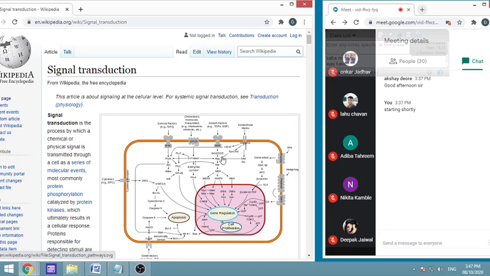So this is the mechanism known as RAS, RAF, and MEK. These are mitogen-activated protein kinases, and through them these pathways are acting.